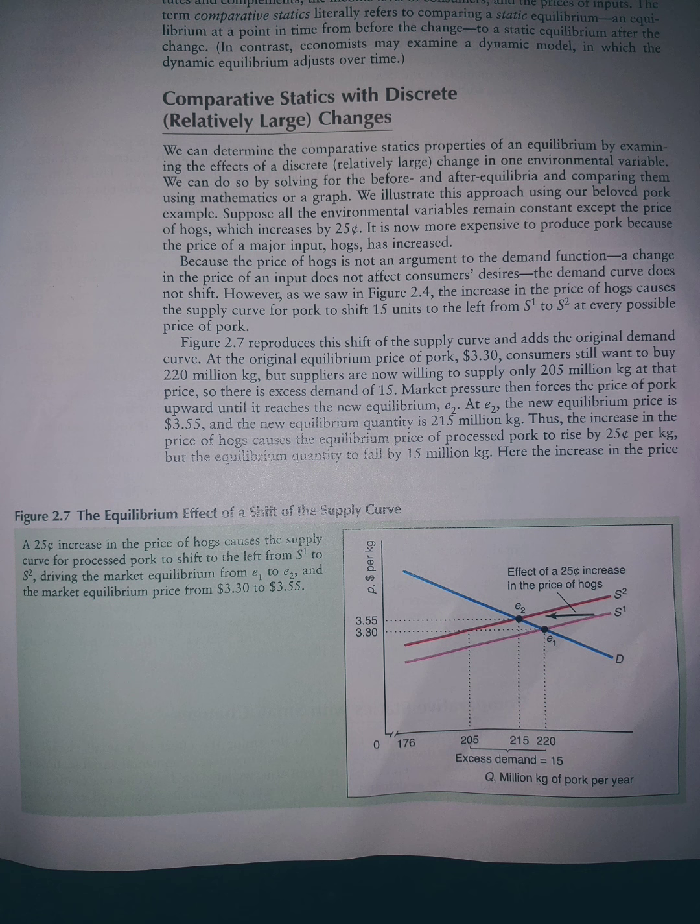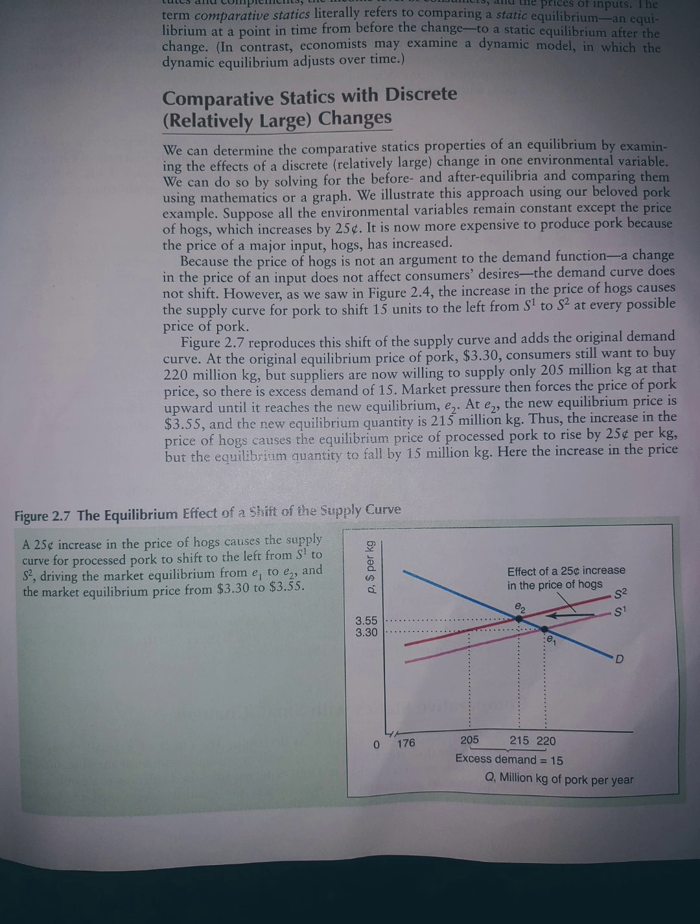Market pressure then forces the price of pork upward until it reaches the new equilibrium, E₂. At E₂, the new equilibrium price is $3.35, and the new equilibrium quantity is 215 million kilograms. Thus, the increase in the price of hogs causes the equilibrium price of processed pork to rise by 25 cents per kilogram, but the equilibrium quantity to fall by 15 million kilograms.